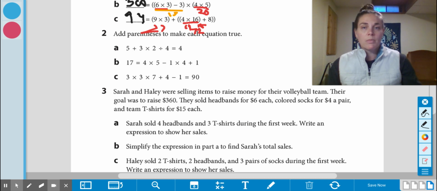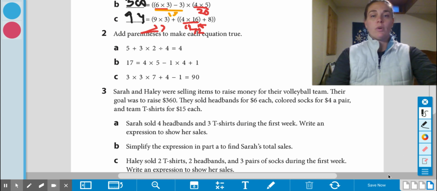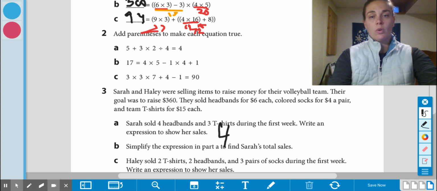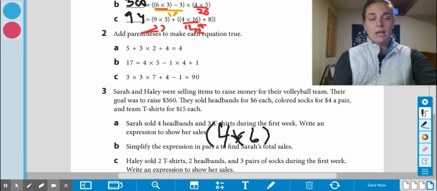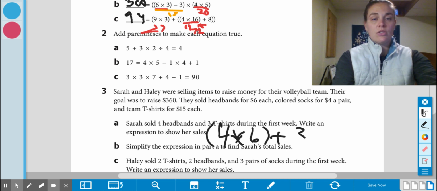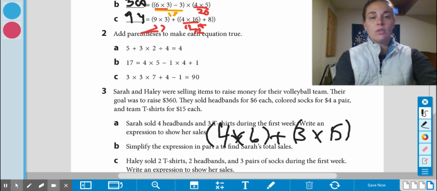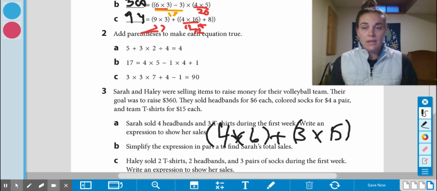So think about that for a minute. Hopefully you're thinking in your head that, hey, if I had 4 headbands, each headband is $6. So I would have 4 times 6, right? I'd find that amount. And then she added to that the 3 t-shirts she sold, and each of the 3 t-shirts were $15. So your expression might look something like that.